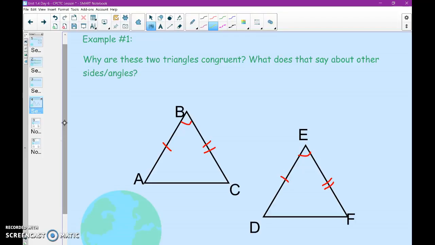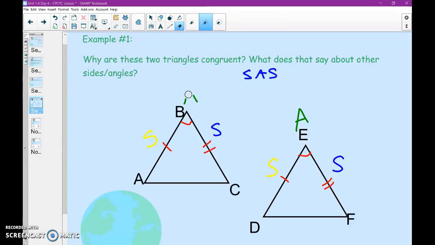So first of all, why are these 2 triangles congruent? Well, they give us a side here, followed by an angle in the middle, and then another side. Hopefully you guys were very easily able to recognize that these are congruent by SAS. One of the things you just got tested on. So, what does that say about all the other sides and angles?